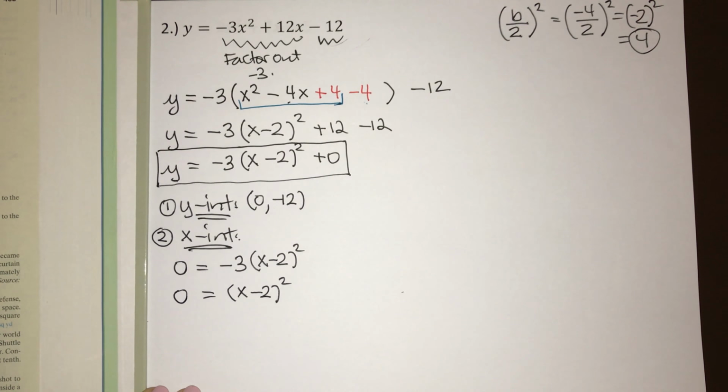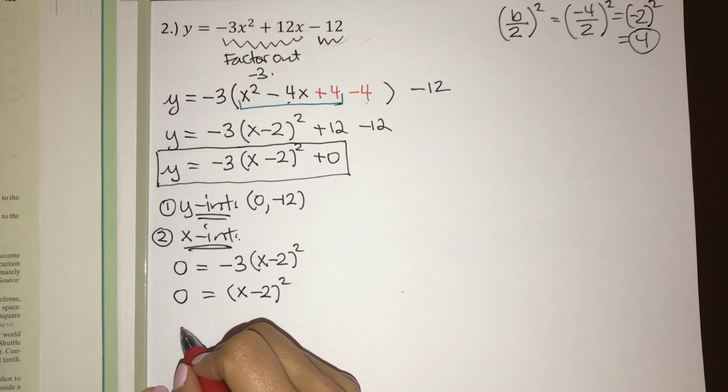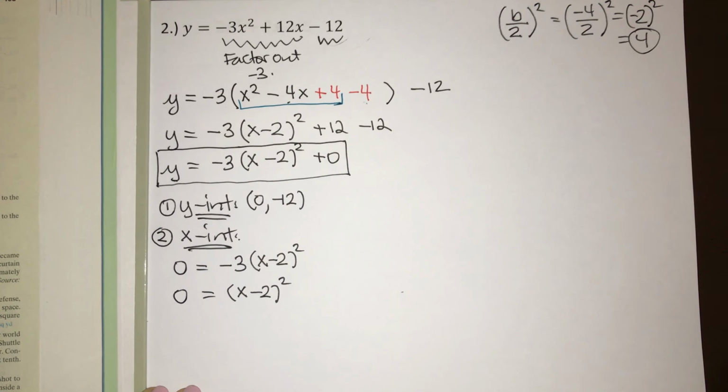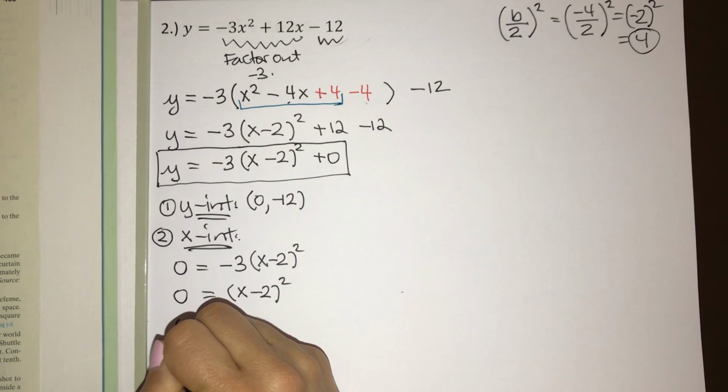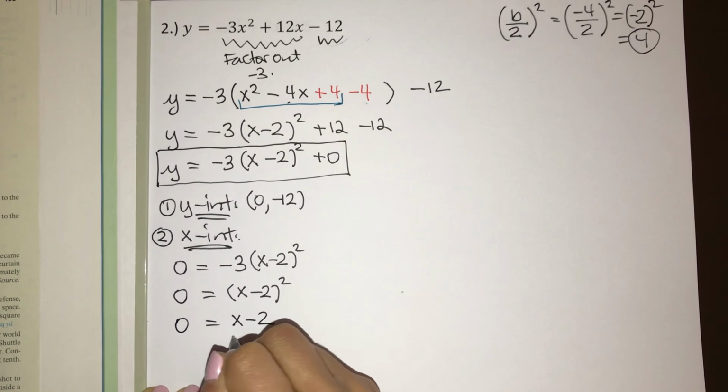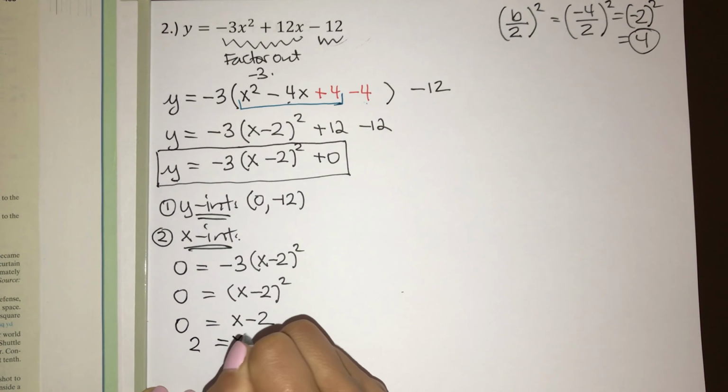When you square root both sides, the square root of 0 is 0. So we don't write plus or minus 0 because 0 is neither positive nor negative. We just write 0 when we take the square root, and x minus 2. So this says x is equal to 2.